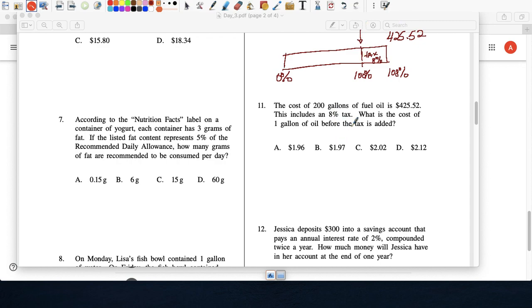So, we can do percent change here too, or you can ask yourself: 425.52 is 108% of what?